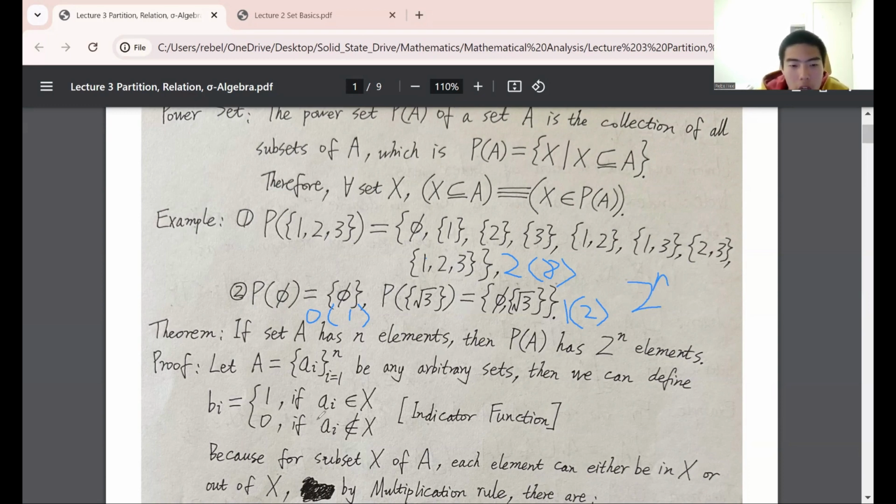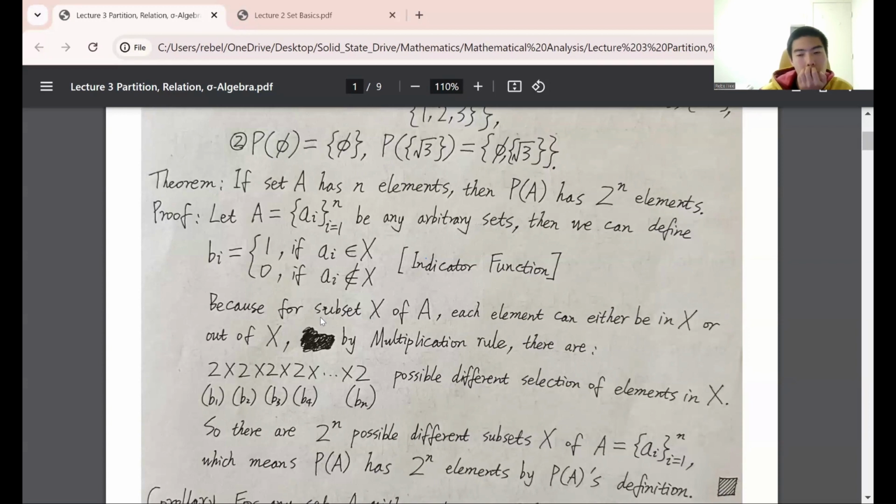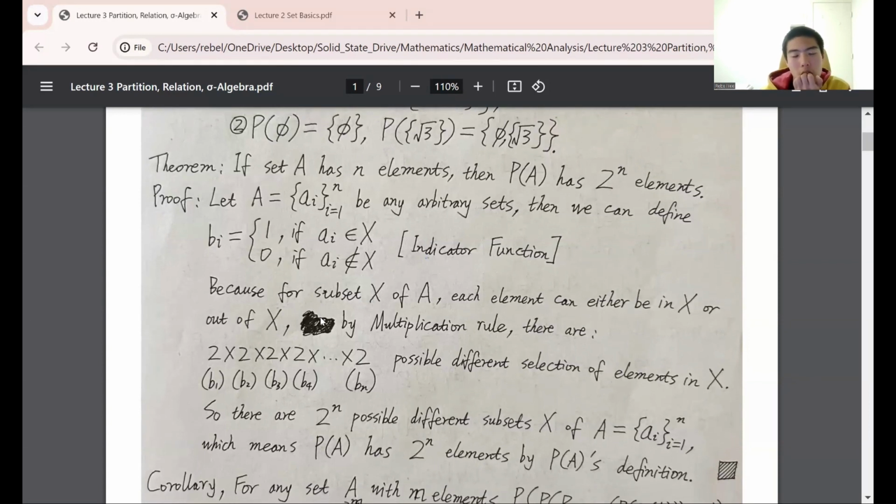We can prove it by the indicator function. Because every element in the power set is a subset, we just need to calculate how many subsets there are. So for each set, for example, you consider A1, A2, A3, and each can be in or not in the subset.